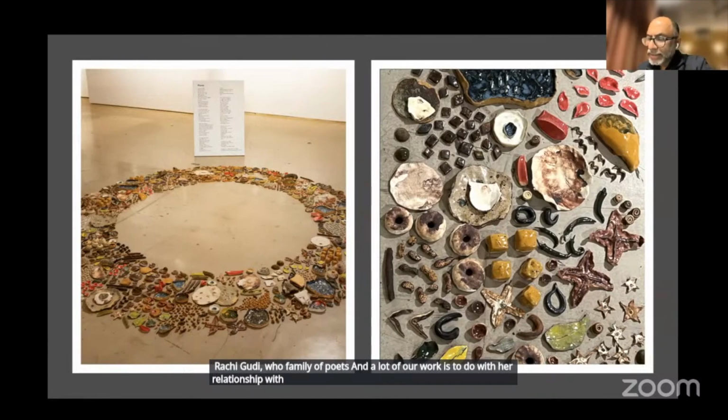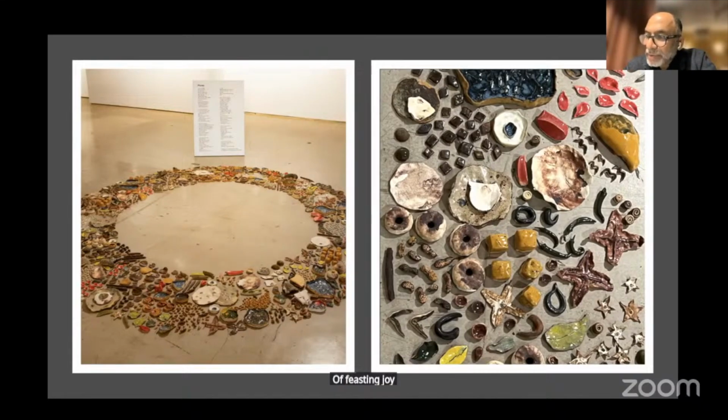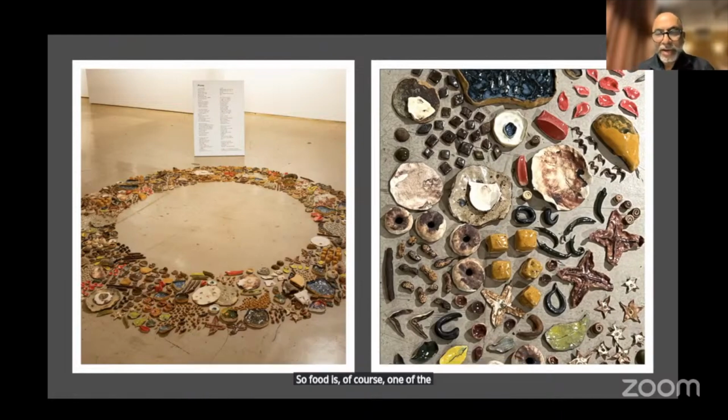She writes that experiences of hunger, begging, shame, guilt, and eating leftovers weave into one's memories of feasting, joy, delicacies, and happiness, revealing the complex and deep-rooted links between food and caste. So food is, of course, one of the primary reasons why nature is exploited. And she's a ceramist, and these are all works from clay and from porcelain.